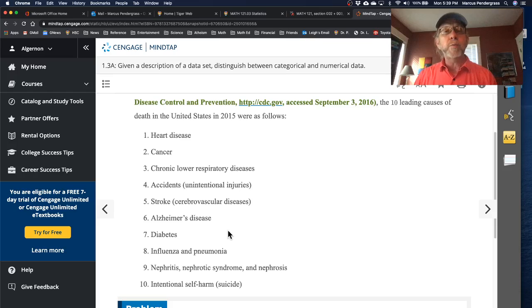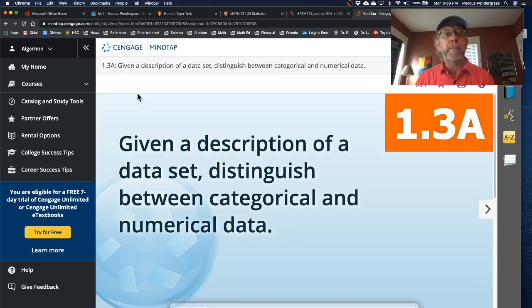So cause of death would be the variable, and these categories like heart disease, cancer, chronic lower respiratory disease, and unfortunately COVID-19 will probably make it into the list this year, are called the values of the variable. So heart disease itself is not a variable here. It's a possible value of the variable cause of death. And that's a categorical variable.